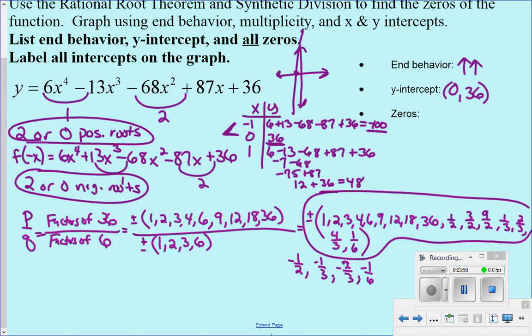Now you're going to have to try a few. There's no real technique that I can tell you for one guess is better than another, but you're going to try a few. We started, just because we were running out of time, with -1/3, which ends up being the root. So I'll start with that one. You may not necessarily start with that.